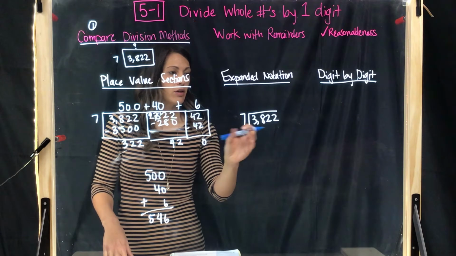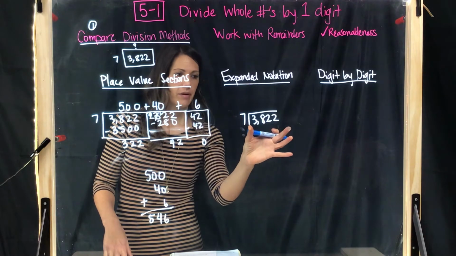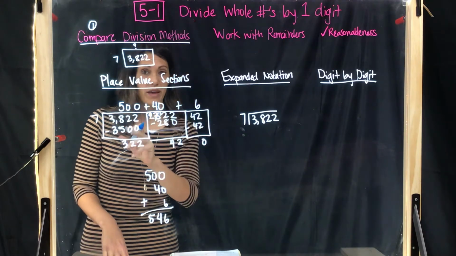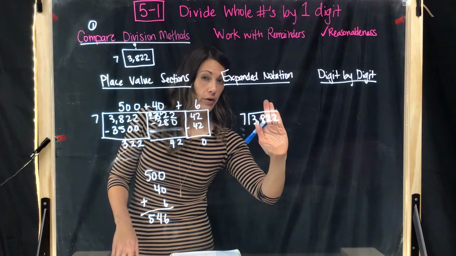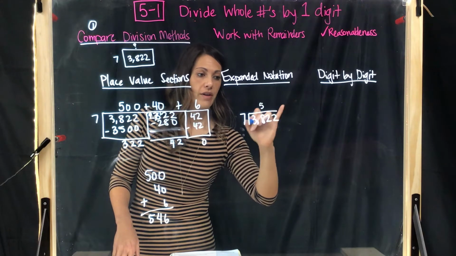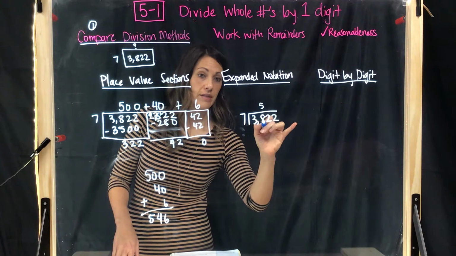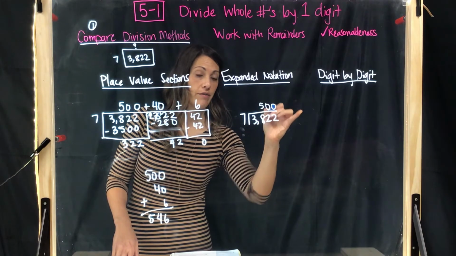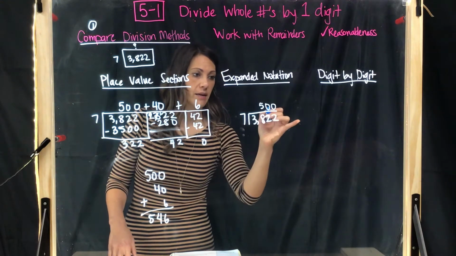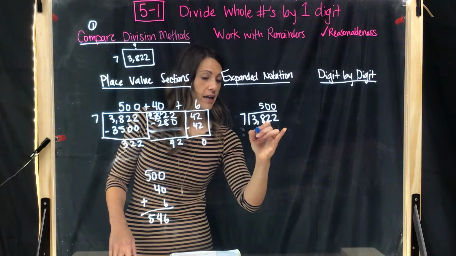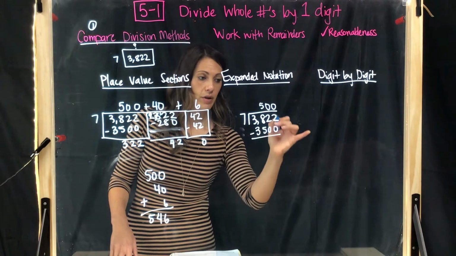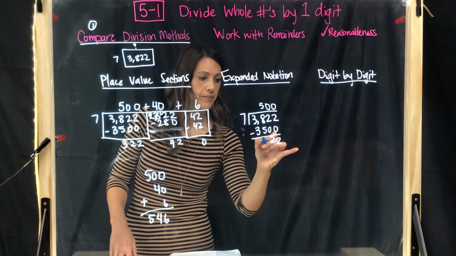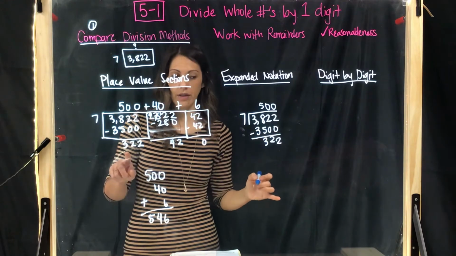With this, I'm still looking at the entire number. And I know that 7 won't go into 3, and it will go into 38 5 times. So if it will go into 38 5 times, then it will go into 3,822 500 times. And 7 times 500 is 3,500. And I'm going to subtract. Okay, so I've got 322 left, same as before.